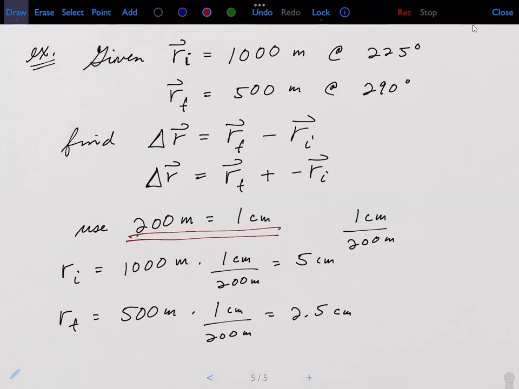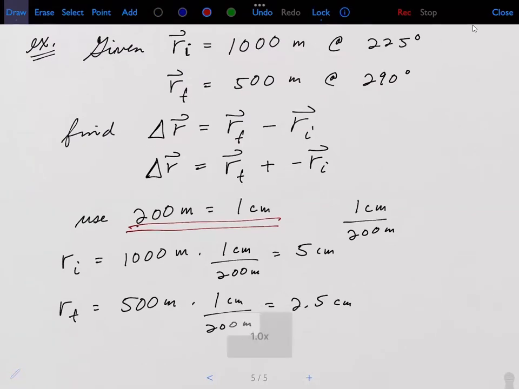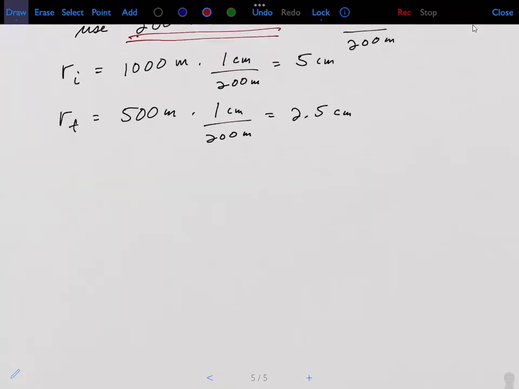Okay, so what is this going to look like here? Let me sketch it out first. And then we'll actually do it on the graph paper. So it looks like, let's see, our final is going to be 290 degrees, right? So if I start at the positive X, go all around here, this is 270, and then like another 20, that will be 290.